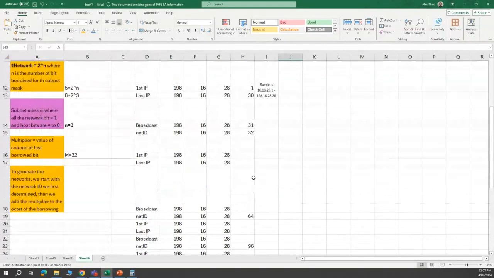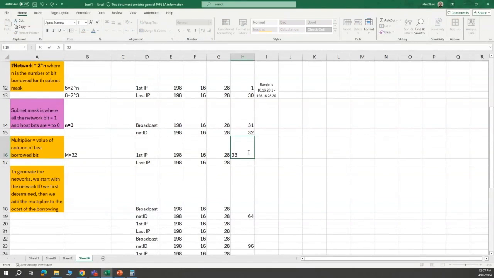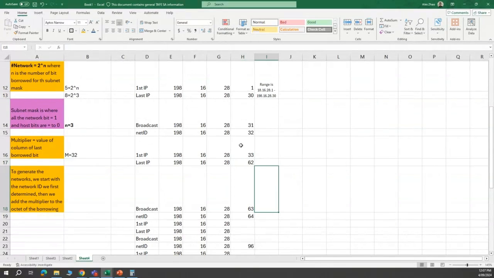If we apply the same rules, the first IP address is going to be 1 after the network ID. The network ID for this network is 32, so it's going to be 33. The broadcast is going to be 1 before the next network, which is 64, so it's going to be 63. The last IP address is 1 before the broadcast, so it's 62, and the range is between 33 and 62. Are we good with that? And I could just keep on going, applying the same rules.